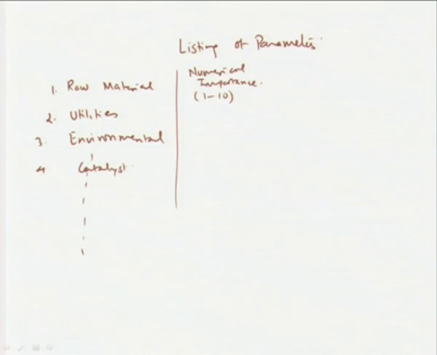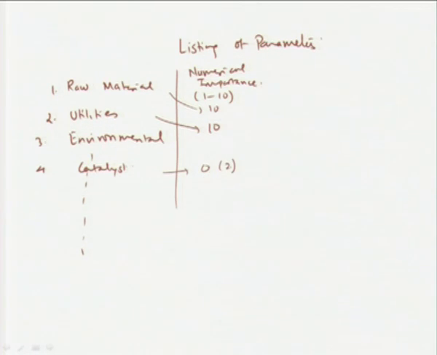Availability of raw material and utilities being the most important viability parameter, we give that a numerical importance of 10. If our process does not use a catalyst, then the catalyst factor is 0, or let us say if it does not use a noble metal catalyst, then the catalyst recovery parameter is least significant. So, we can give it a weightage of 2.